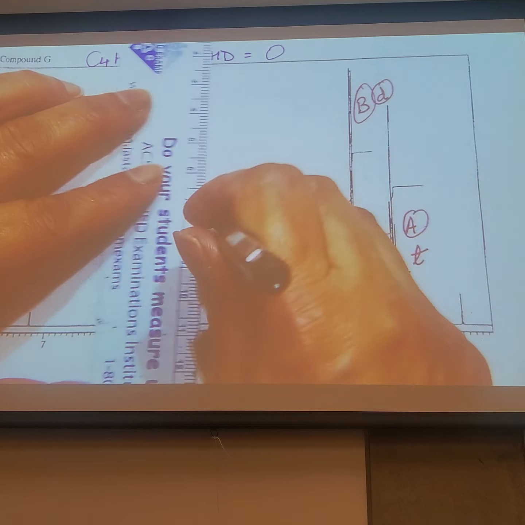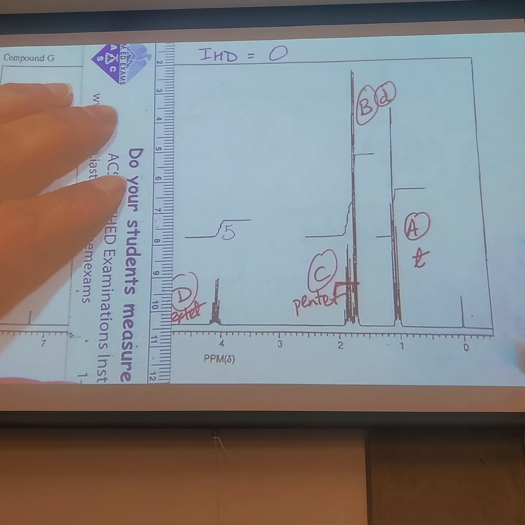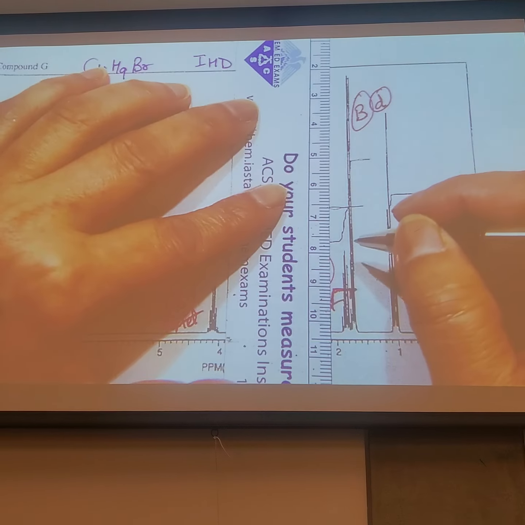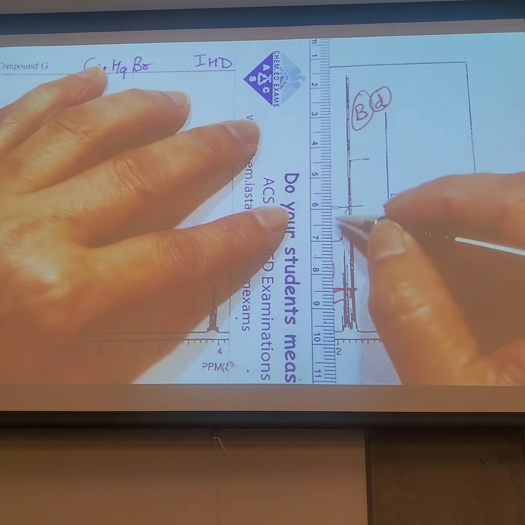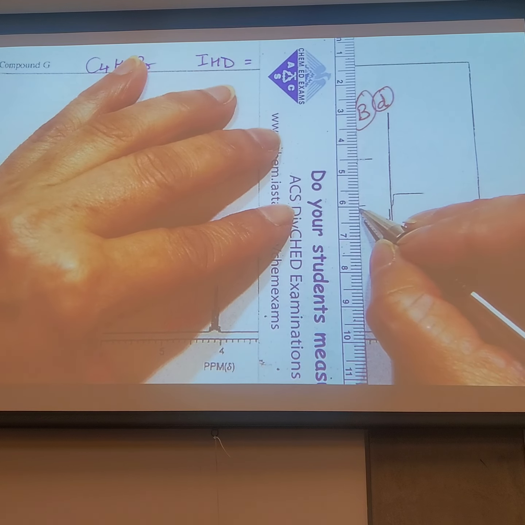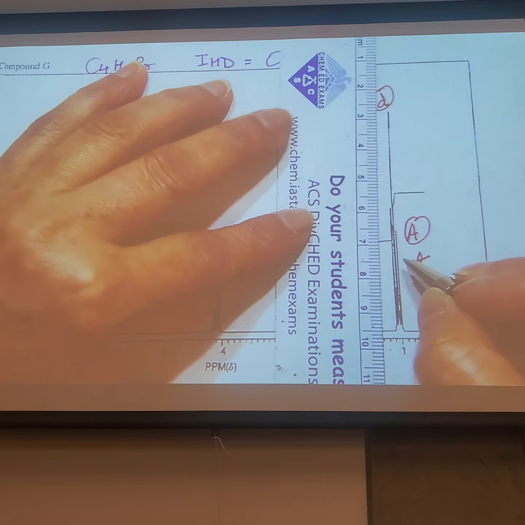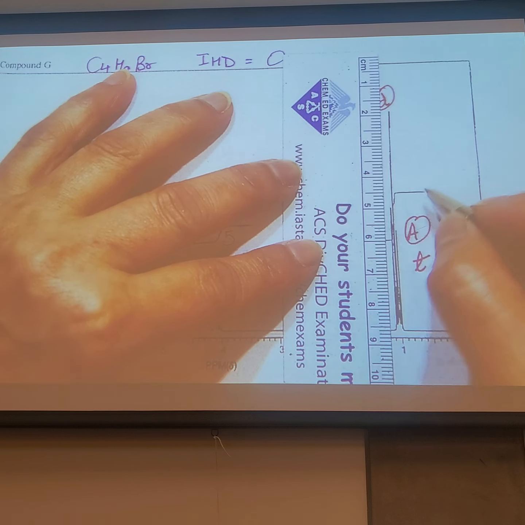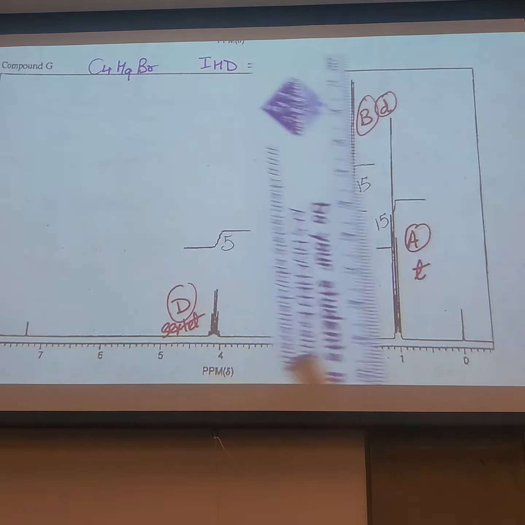I'm going to call it 5 millimeters, and this one ends here, starts, okay, so about 10 for that, 15 for this, and 15 for that.